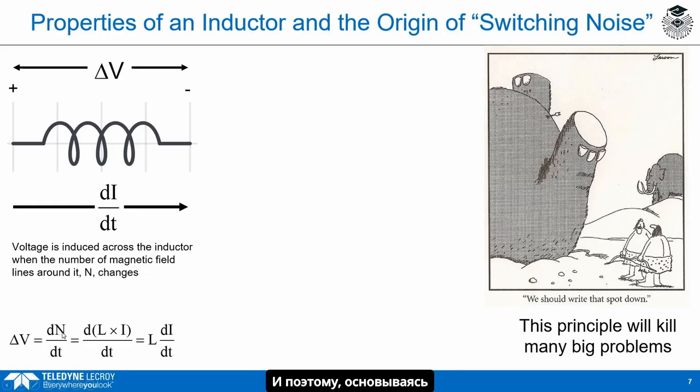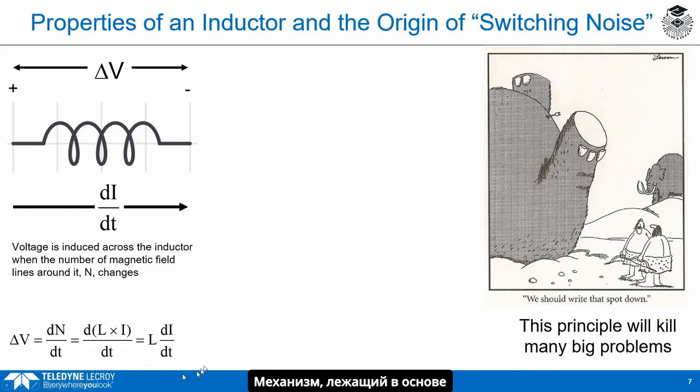Based on that principle, the voltage generated is related to how fast the rings of magnetic field lines around the conductor change. The number of rings of field lines around the conductor is the inductance times the current. Because the inductance is a physical geometry factor, it's not going to change. So the voltage is the inductance times dI/dt.